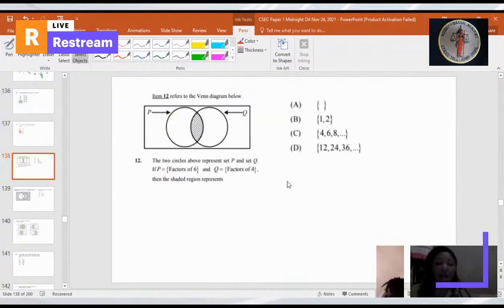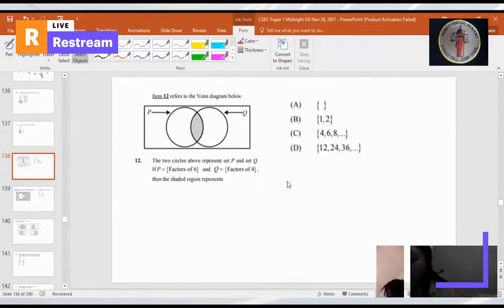All right, now we have a Venn diagram for item 12, and we have set P and set Q. They intersect in the middle, and the two circles above represent set P and set Q. If set P represents factors of 6 and set Q represents factors of 4, then the shaded region would be what?